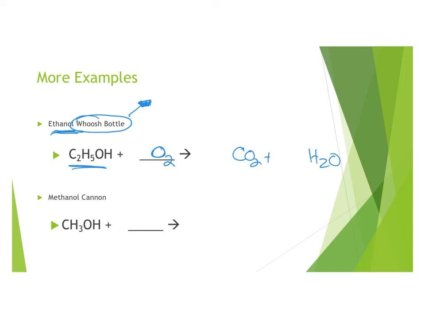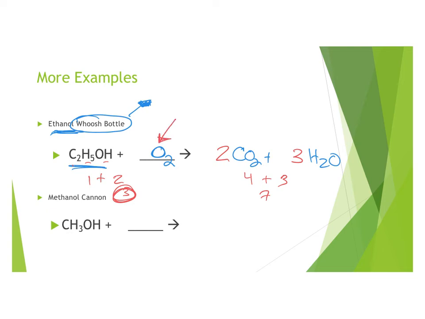So 2 carbons on the left, 2 carbons on the right. 5 plus 1, that's 6 hydrogens on the left. Go ahead and put a 3 there to give us 6 hydrogens on the right. And over here I have 1 plus 2, which gives me 3 oxygens on the left. Over here I have 4 plus 3, which gives me 7 oxygens on the right. So I need to add more oxygens on this side, and the easiest way to do that is just to add oxygens over here.